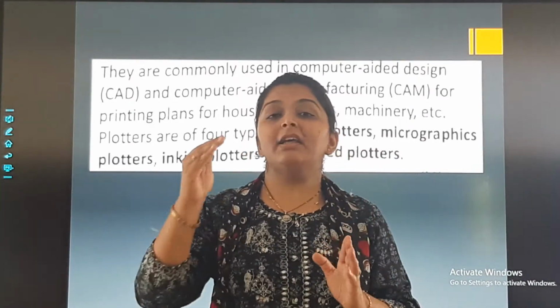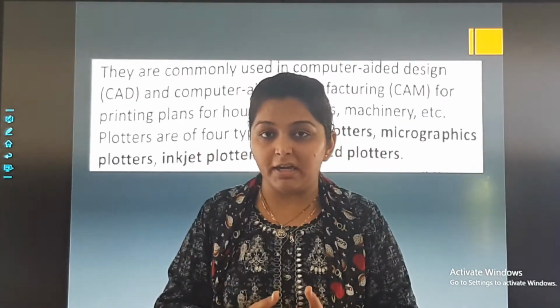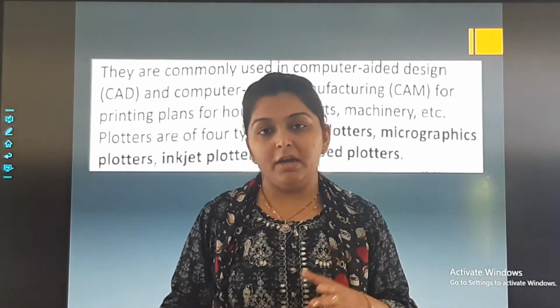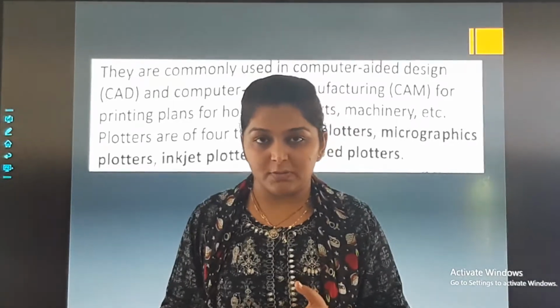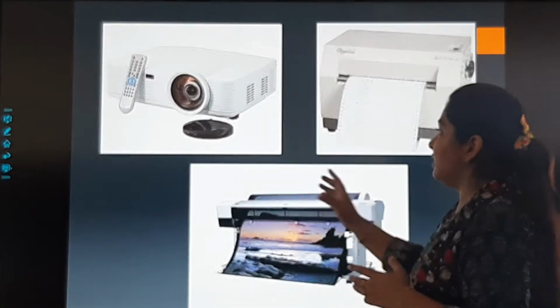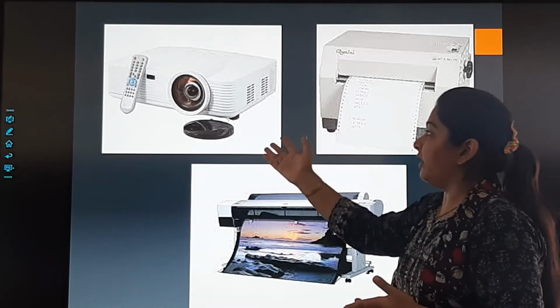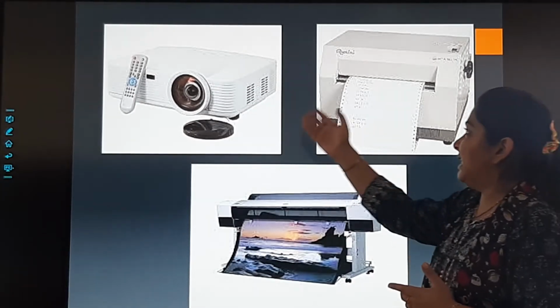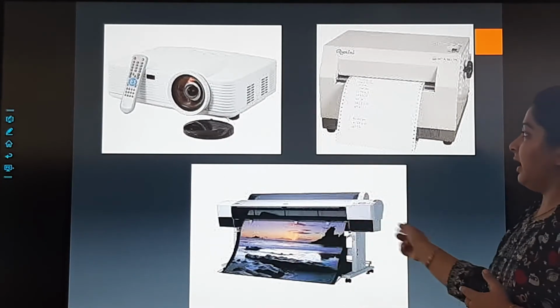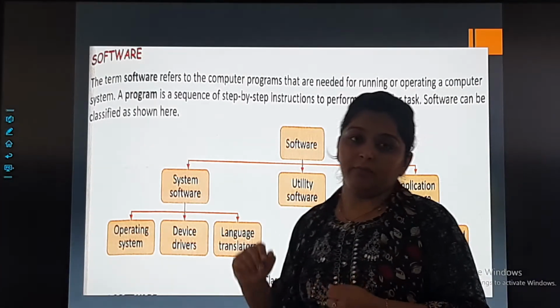I hope you are clear with these three output devices. I know there were some technical terms, but I have made it as easy as possible. You have seen the pictures of the output devices, the LCD, the Braille and the plotter. Next you are having software.